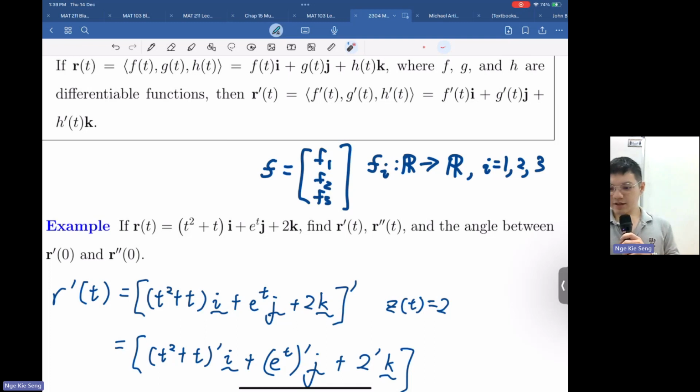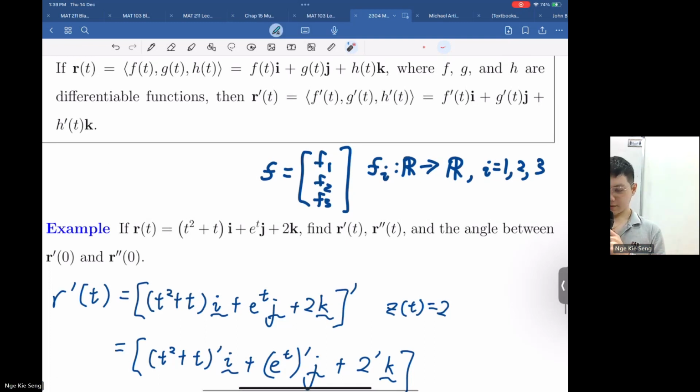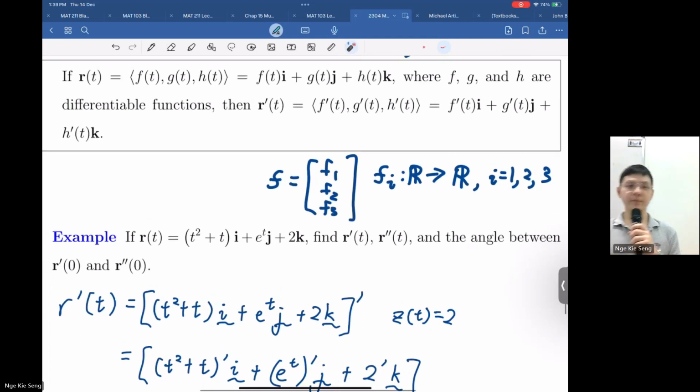Try and do this first. You need to check whether each component is differentiable or not. If it is differentiable, then you just differentiate. It should be a very easy exercise.